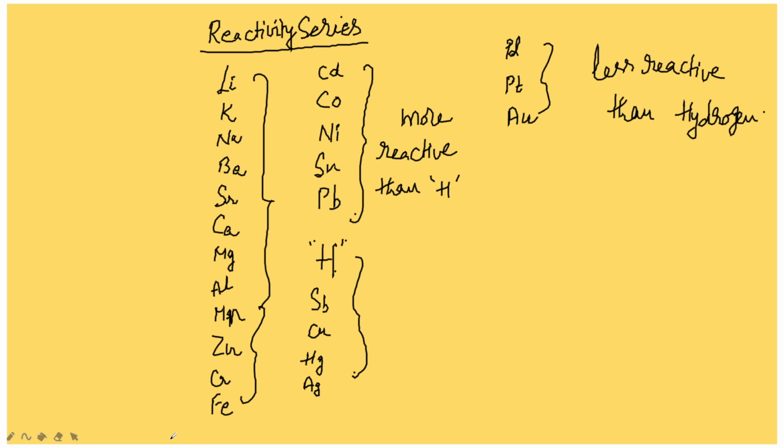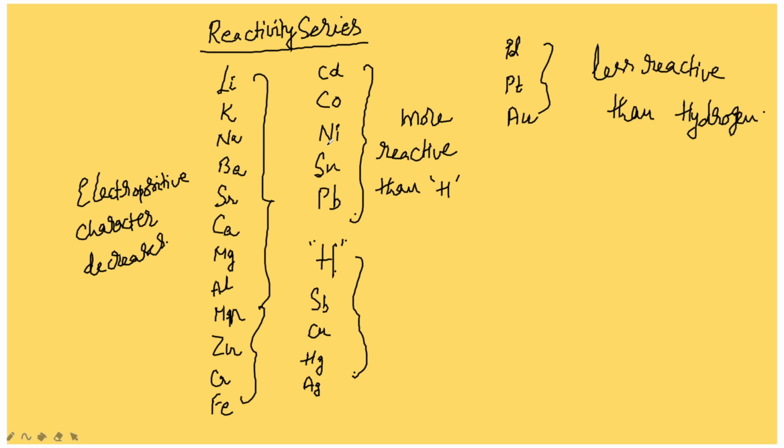So here what happens, above the hydrogen, whatever the elements are there, electropositive character decreases when you go down, and chemical reactivity is also decreasing.